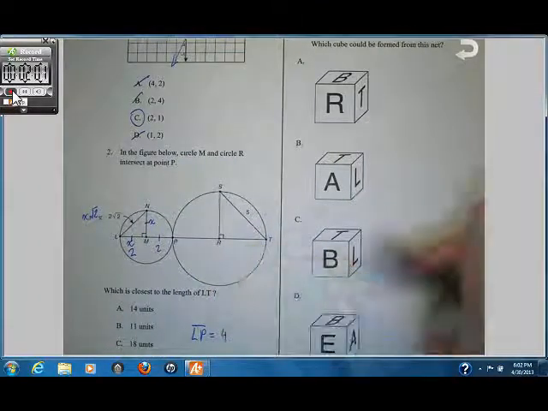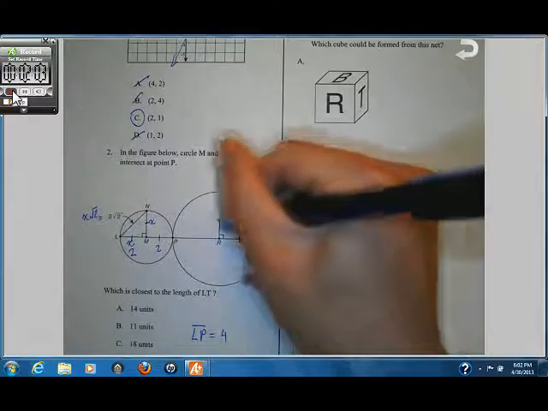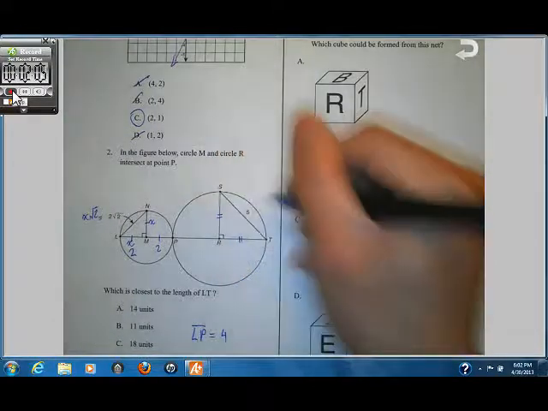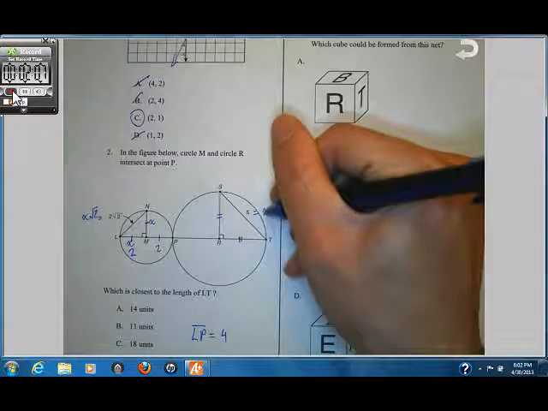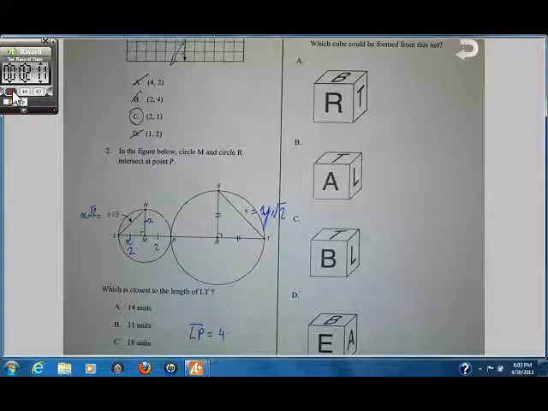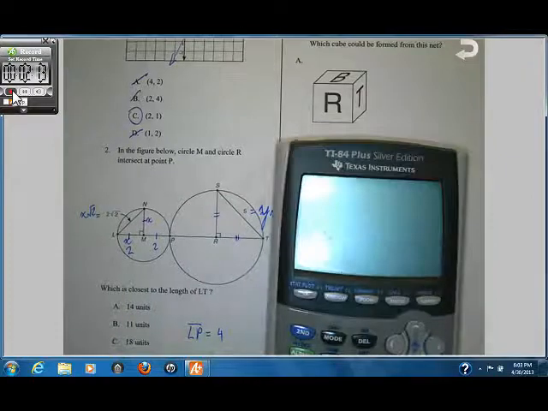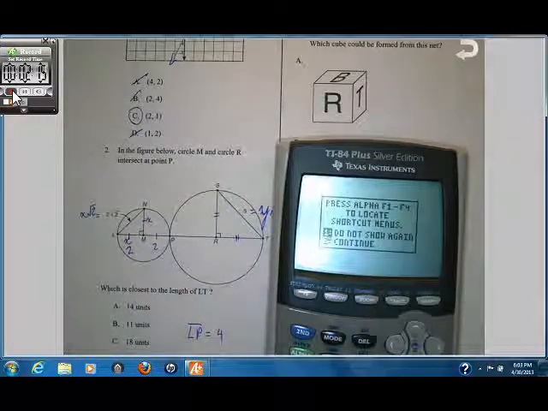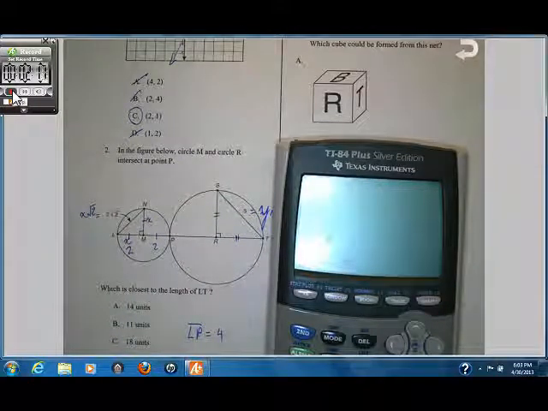This one is a special right triangle as well, except now y root 2 is equal to 5. And so what you're going to have to do is take 5 and divide that by the square root of 2. And that gives you 3.53.